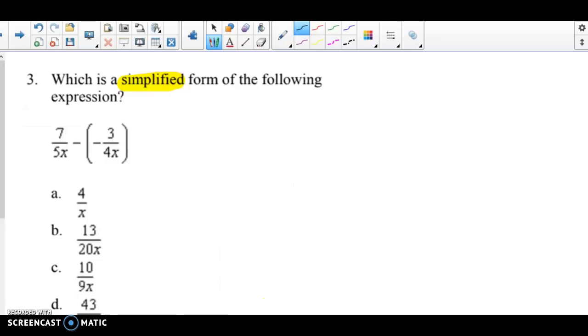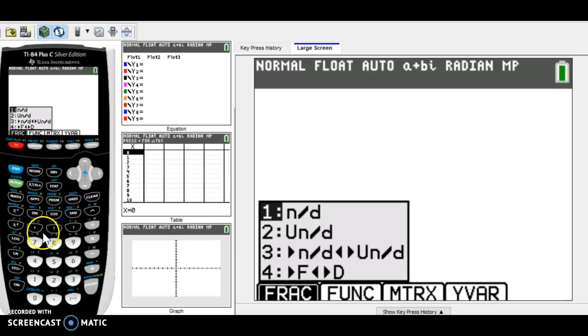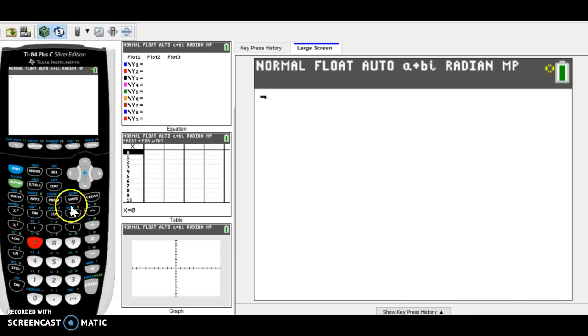Okay, so now I'm going to take my equation, 7 divided by 5x minus this, and I'm going to plug it in and see which of my answer choices work. So let's plug it in and see what kind of nasty fraction we get. So alpha y equals, and I have 7 on top.